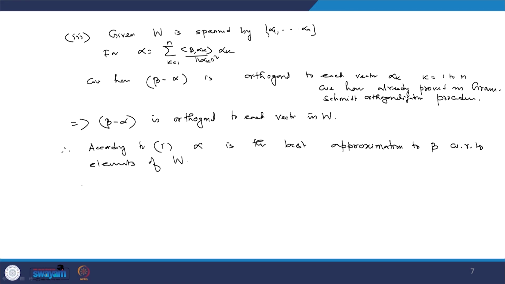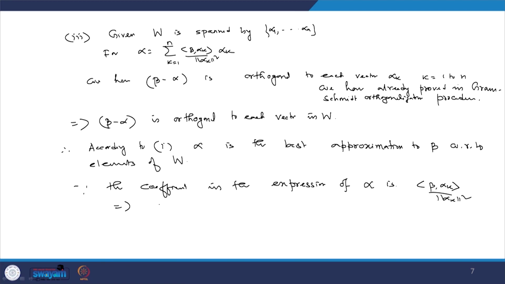And since the coefficient in the expression of alpha is the inner product of beta and alpha k by norm of alpha k square, this implies alpha is unique.